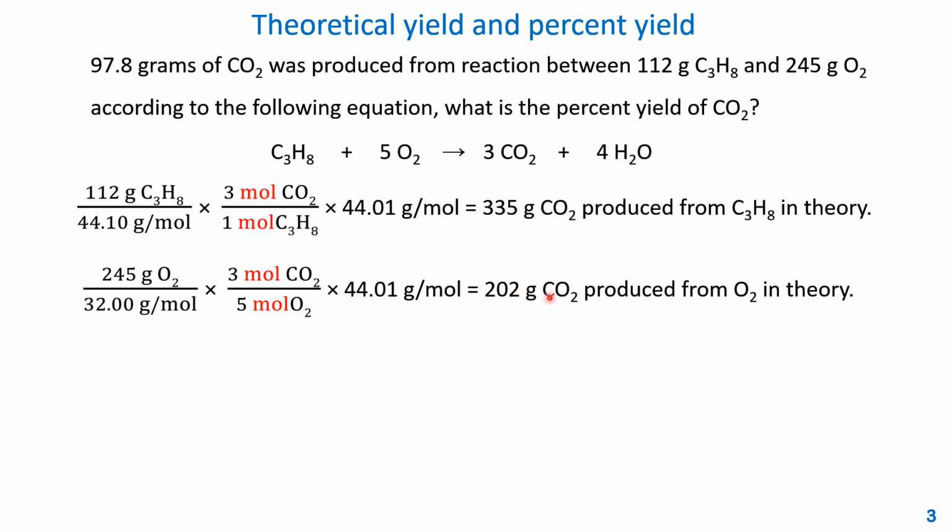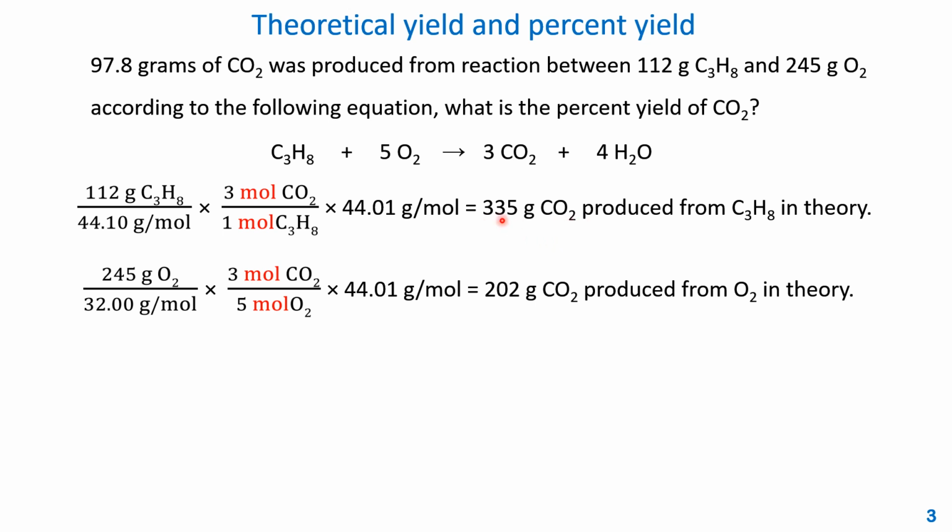We can calculate 202 grams of carbon dioxide can potentially be produced from 245 grams of oxygen in theory. Now, compare these two possible masses of product; we need to pick the lesser amount. So this is actually the real theoretic yield. In theory, we can only produce 202 grams, and that is from the limiting reagent, oxygen.